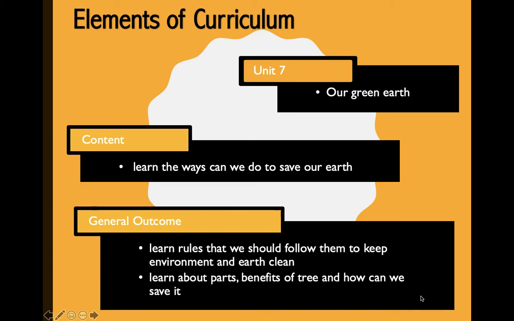The main content was to learn the ways we can save our earth, while the general outcomes were to learn rules that we should follow to keep the environment and earth clean, and learn about parts and benefits of a tree and how we can save it. Finally, how to ask and answer questions by using what is this, what are these, this is, and these are.